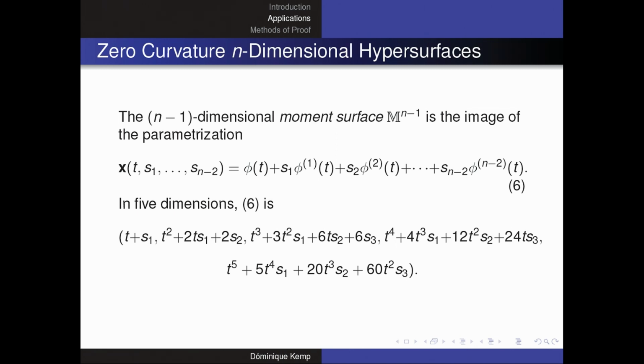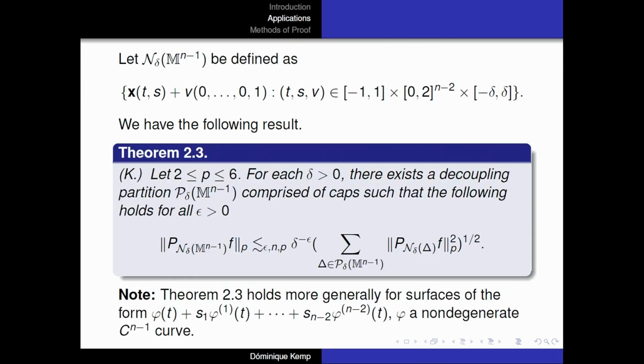Another way of looking at this is that you're taking the sequence of Frenet boxes. If you're familiar with curve geometry, these moment surfaces look like Frenet boxes that are arranged along the curve phi. And there's the decoupling that we have for p between 2 and 6 for these Frenet boxes.